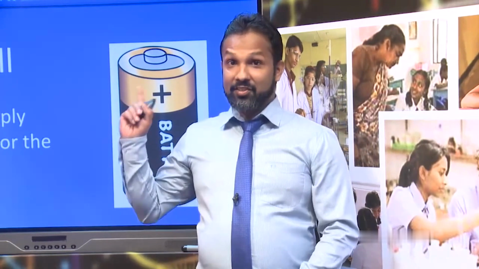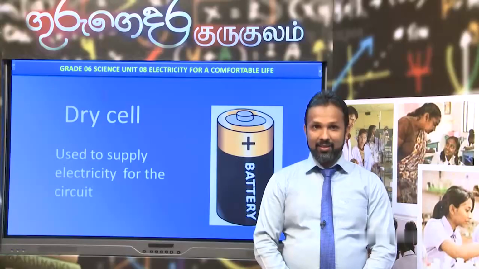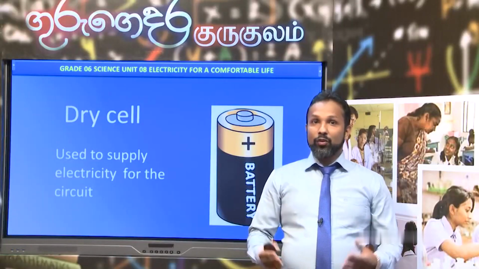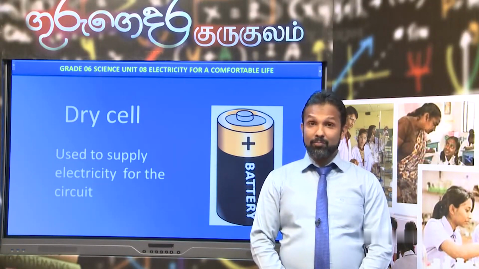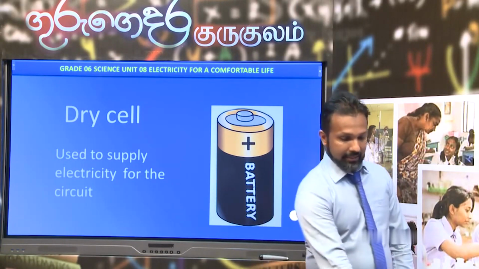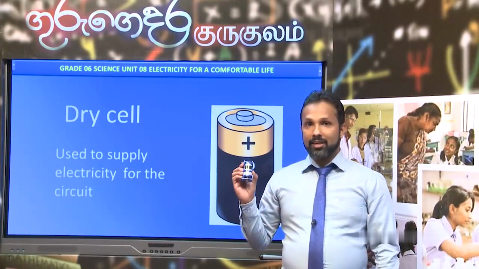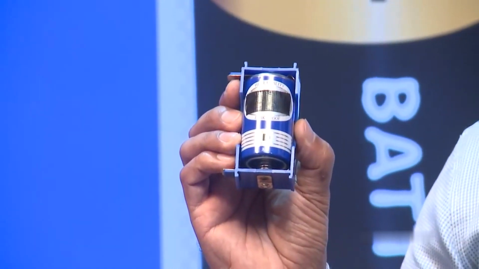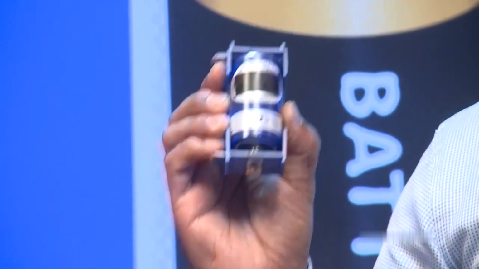Then this dry cell comes under the chemical cell. We know that we use various types of dry cells in our day-to-day life. I am going to show you some examples. This is a dry cell that we use in our school laboratory to prepare circuits.